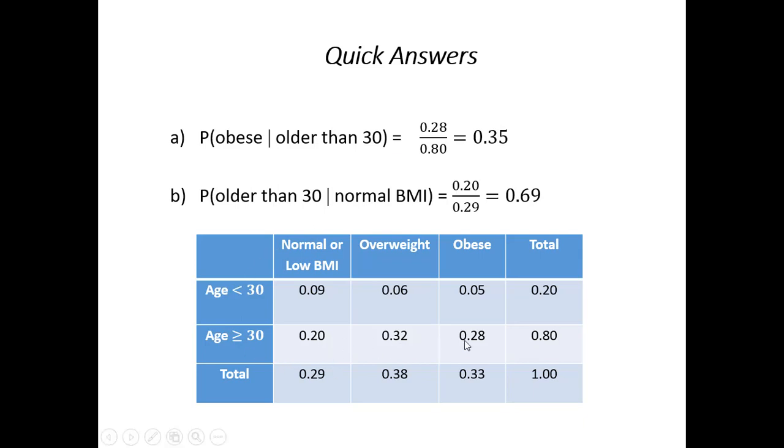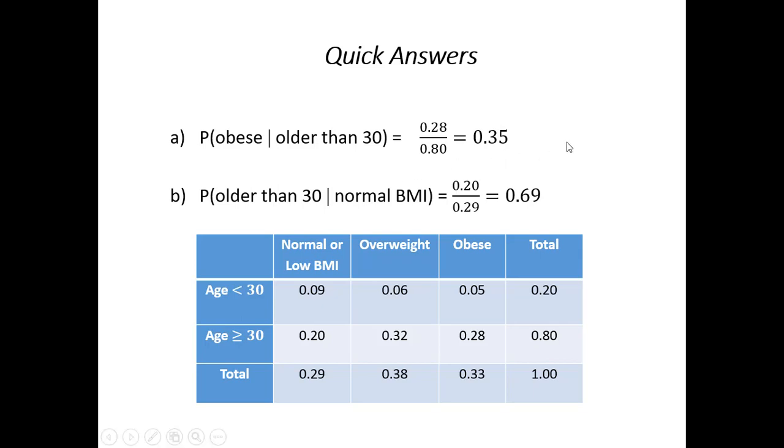So this becomes my new sample space. So we want the probability of obese, given they're older than 30. So this is the probability obese and greater than 30. So 0.28 is our numerator, and then we have to divide by 0.80. So our conditional probability is 0.35.